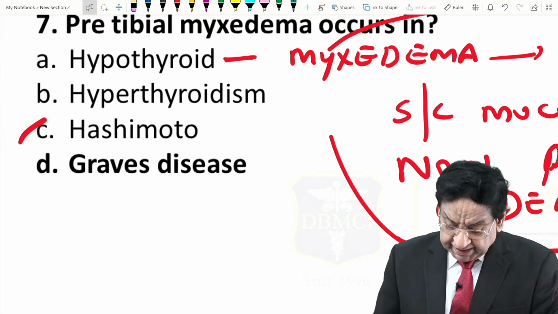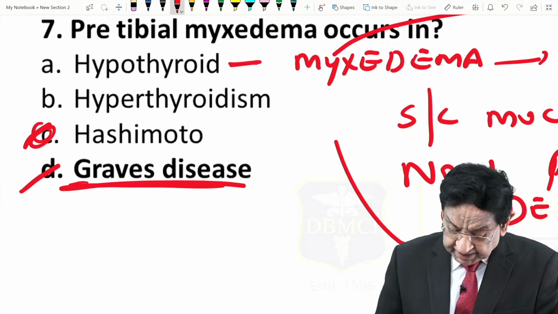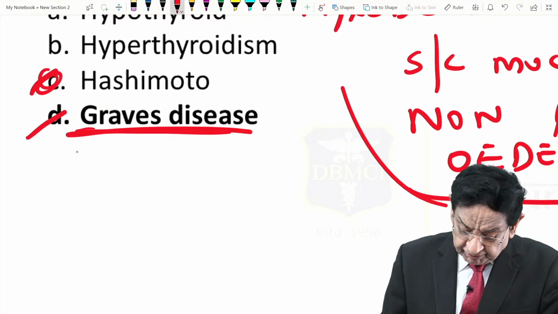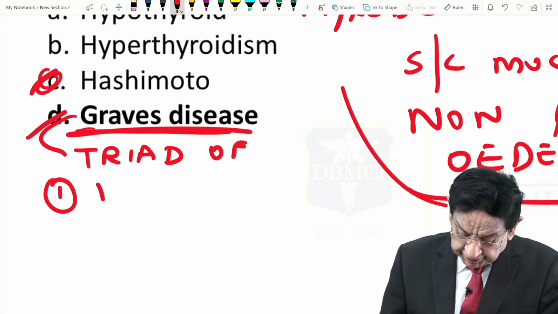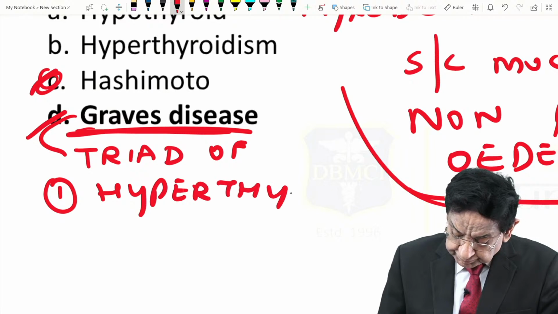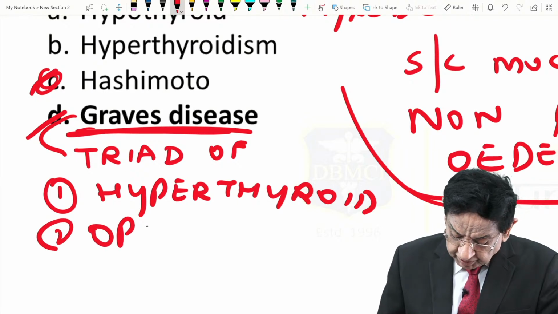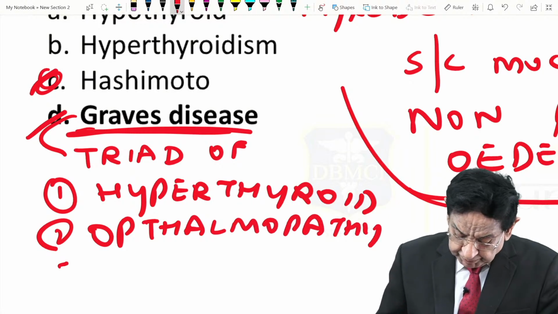Now, what about Graves disease? Graves disease is a triad of hyperthyroid, ophthalmopathy, dermopathy.